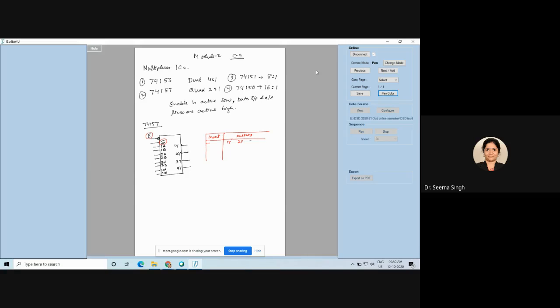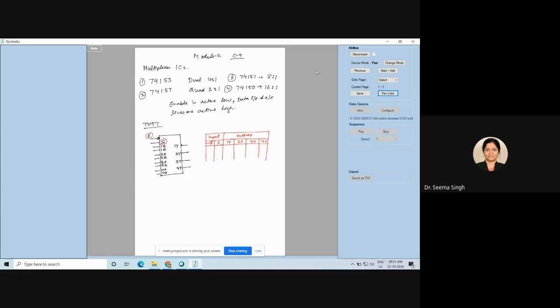So your outputs 1Y, 2Y, 3Y, 4Y are simply data lines, and the inputs also do not have any control. Input is also a data line. Who has control then? You have only two control variables in any mux. One is your enable, which is active low, and the other one is your select line.